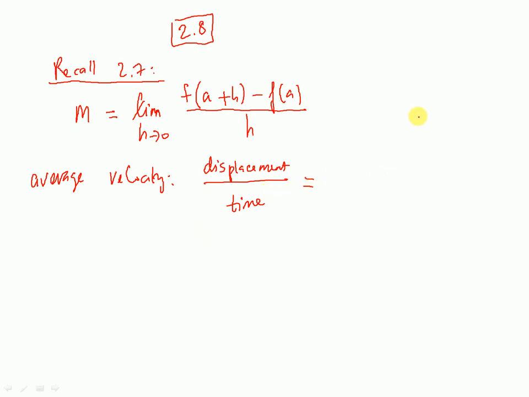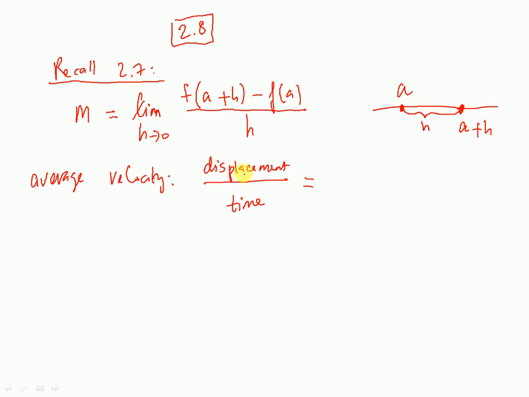Now consider this is point a, and this is point a + h. If you are here at point a, then we add h units, we get to a + h, which is this second point.